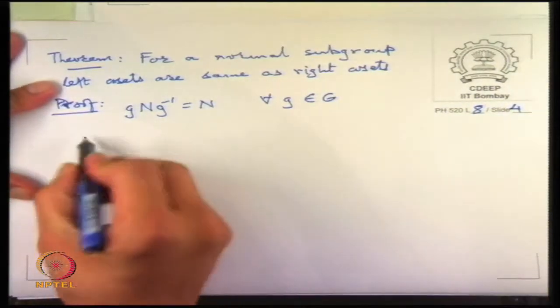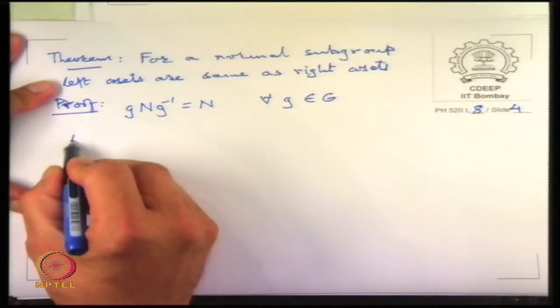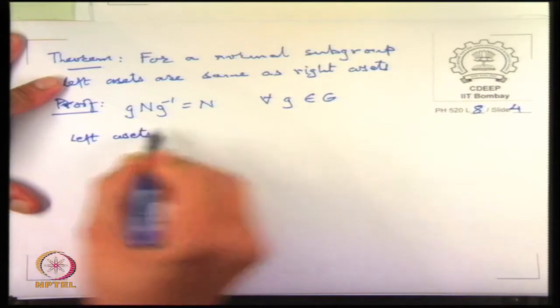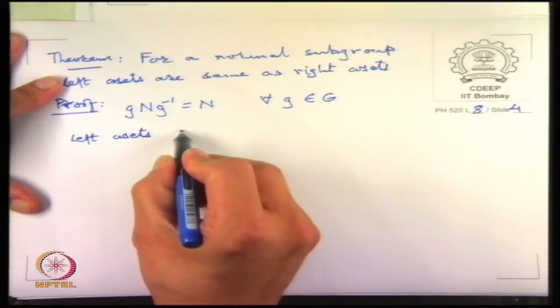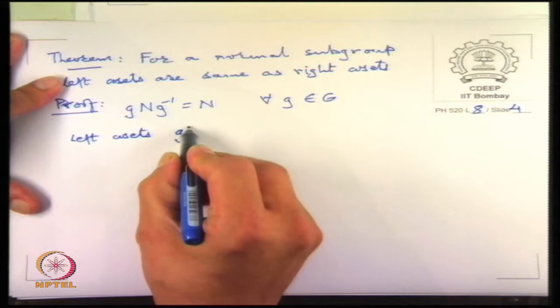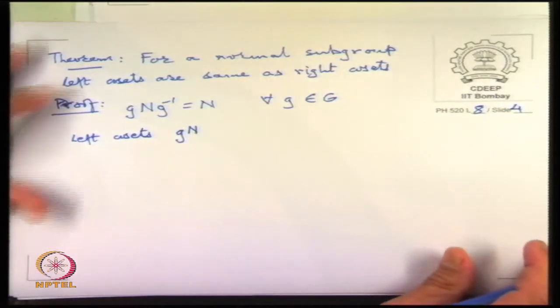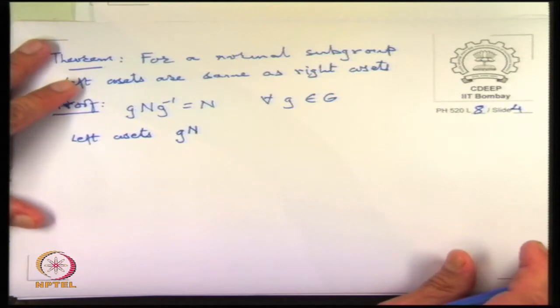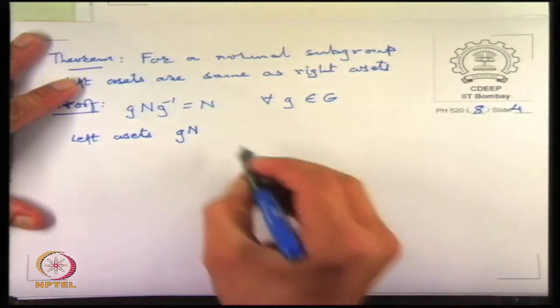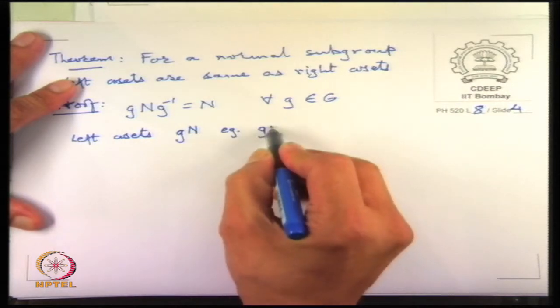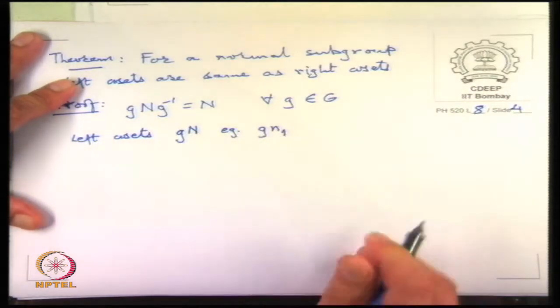So, a left coset, cosets are formed by G times n. So, consider an example where you say that this is G times some element n1.